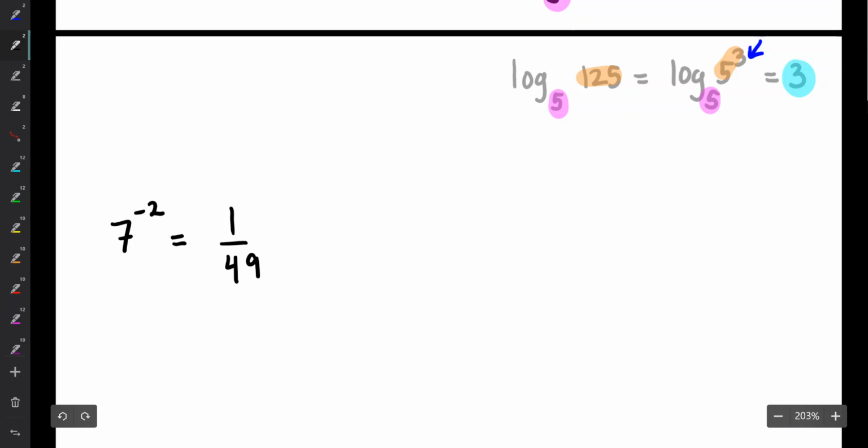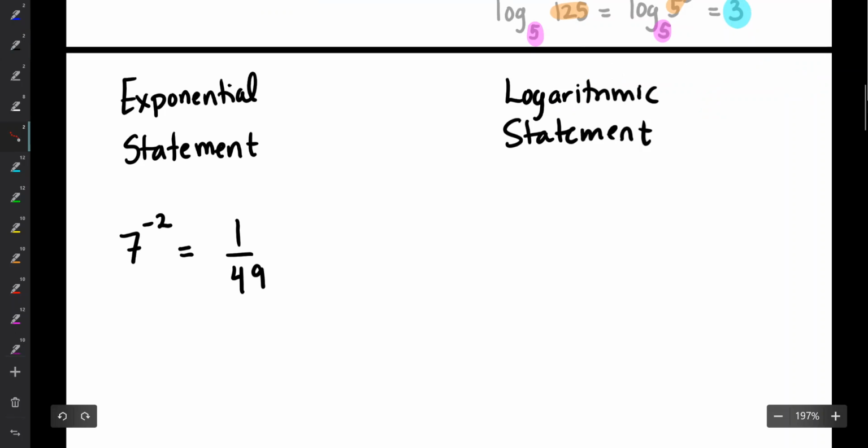The equivalent log statement is log base 7 of a 49th is minus 2. The base of the exponent and of the log are the same. The logarithm is going to spit out the exponent.